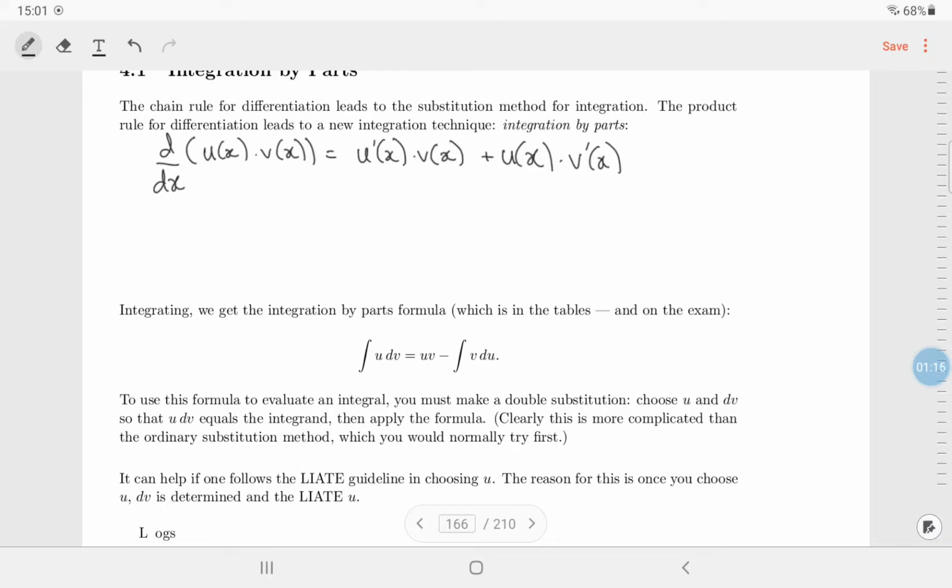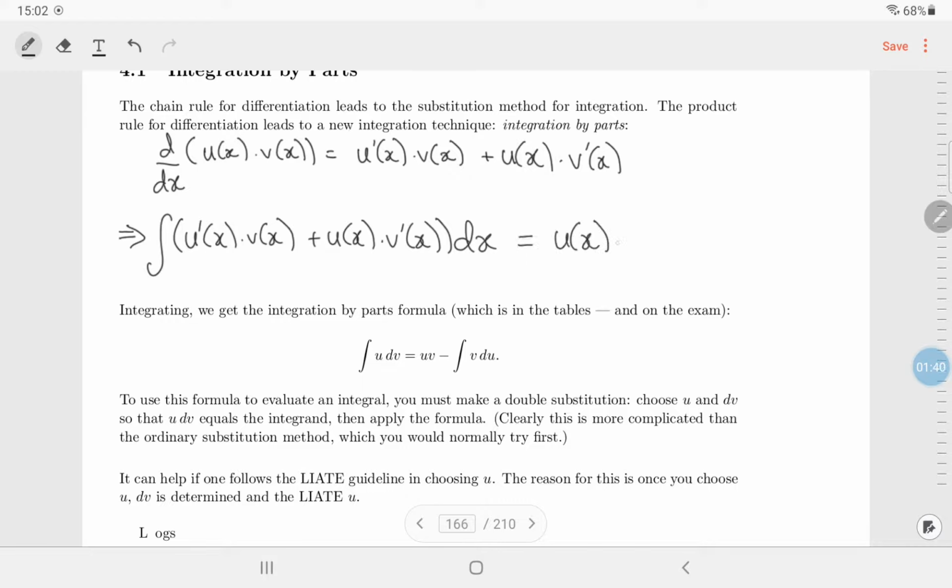So I can formally write down that if we anti-differentiate u dashed of x times v of x plus u of x times v dashed of x, dx, it is equal to u of x times v of x. And we do a bit of messing around and you end up with this formula down below.